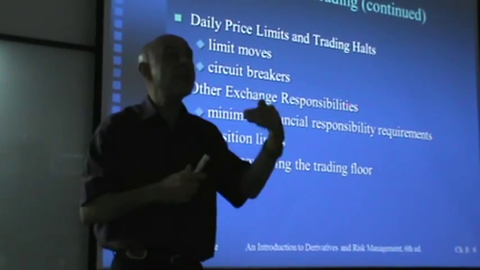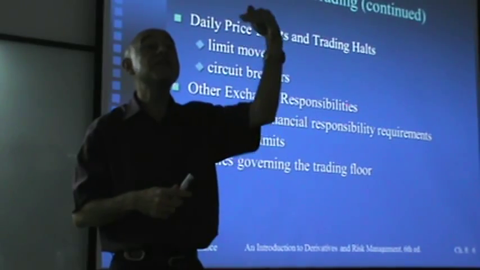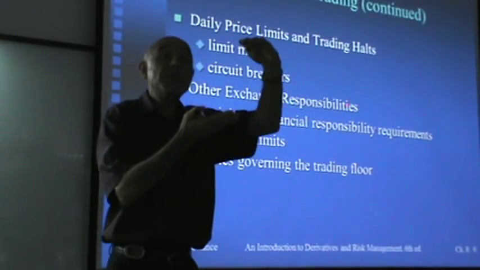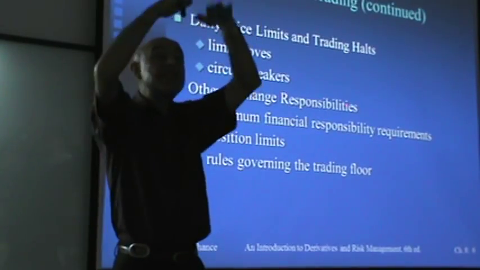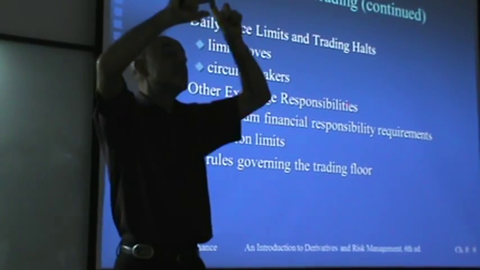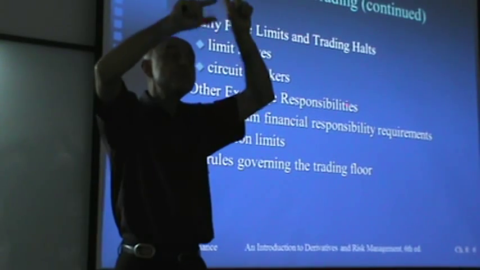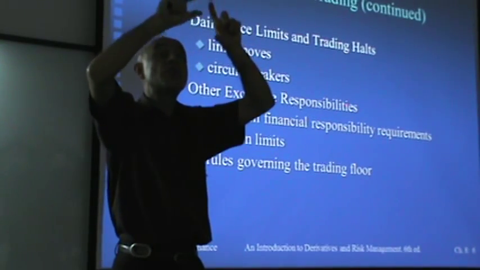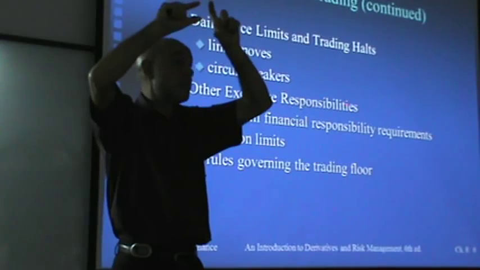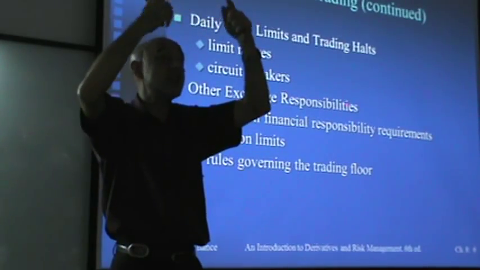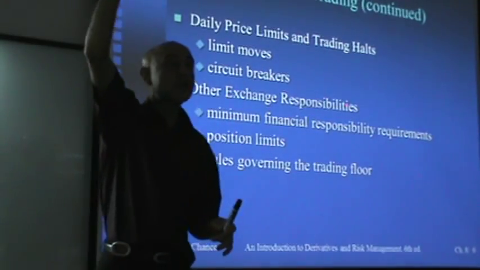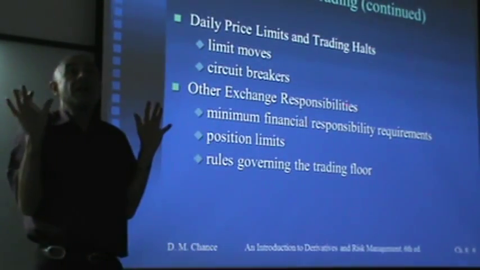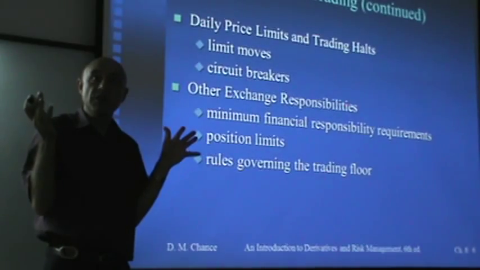And we have 3, 4, 5 days in a row where you hit up limit, no trades, up limit, no trades, up limit, no trades, until the trading price becomes within the range of the market price, and then trades will resume. So, you may get a very quick move to the up limit, and then for the rest of the day, there is no trading going on.